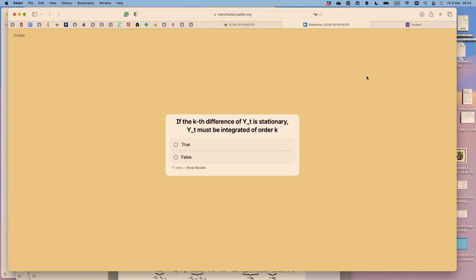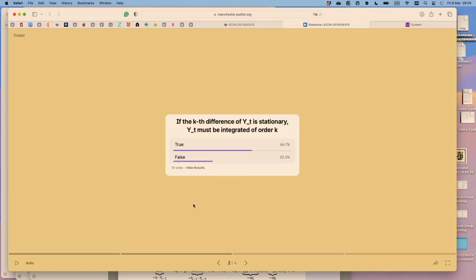Okay, think carefully, what does it mean by being integrated, and what does it imply by the order of integration? Okay? So, this is actually a false statement. The main reason here is that the order of integration is the number of times we require to achieve stationarity.